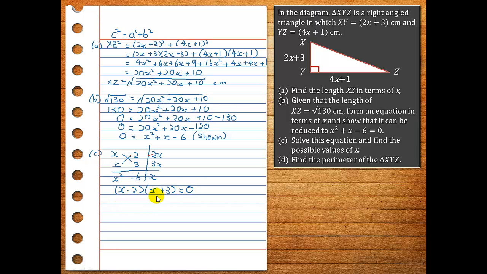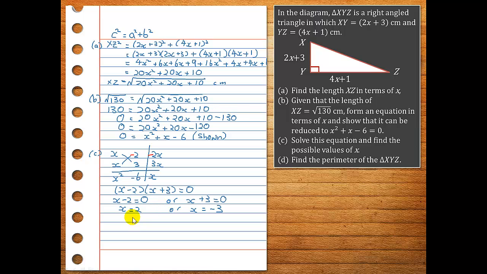Do you remember how to solve this? Yes, we will use the zero product property whereby x minus 2 equals 0 or x plus 3 equals 0. And hence, x equals 2 or x equals negative 3.